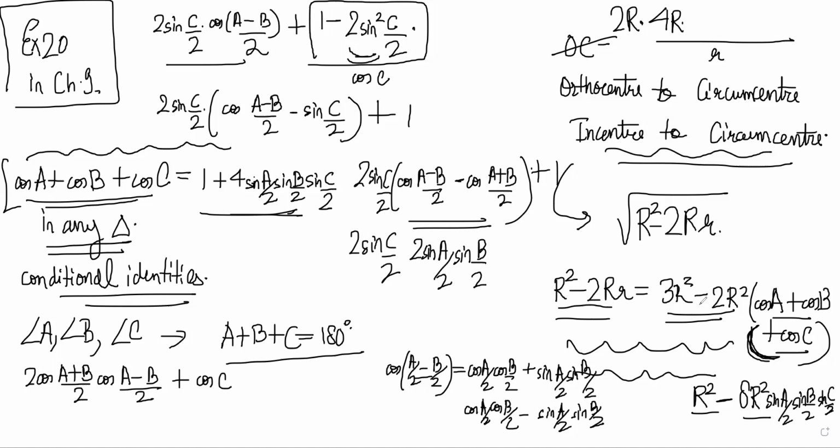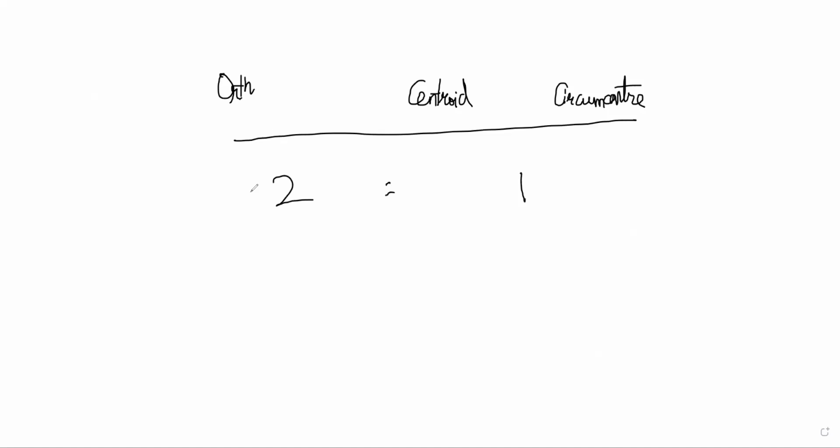14th one, however, you have to use the fact that orthocenter, centroid, and circumcenter are divided in the ratio of 2:1. And I know the overall distance by the formula given in the book. So obviously I will know centroid to circumcenter distance.